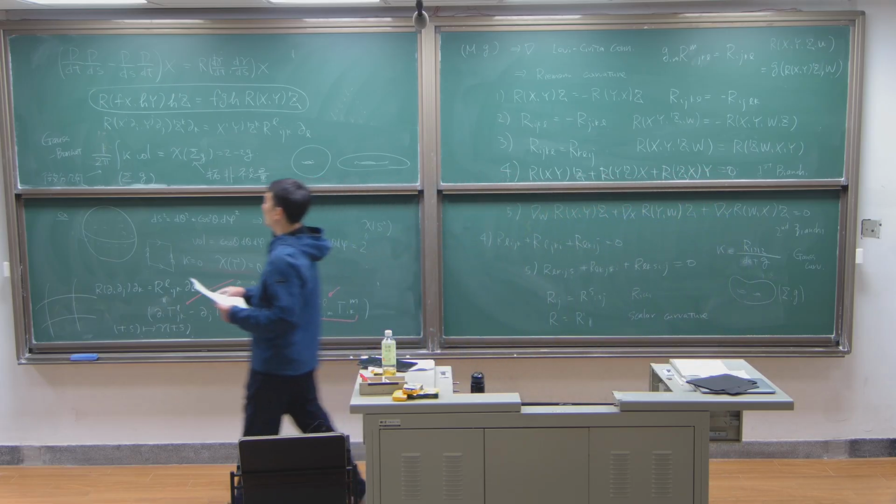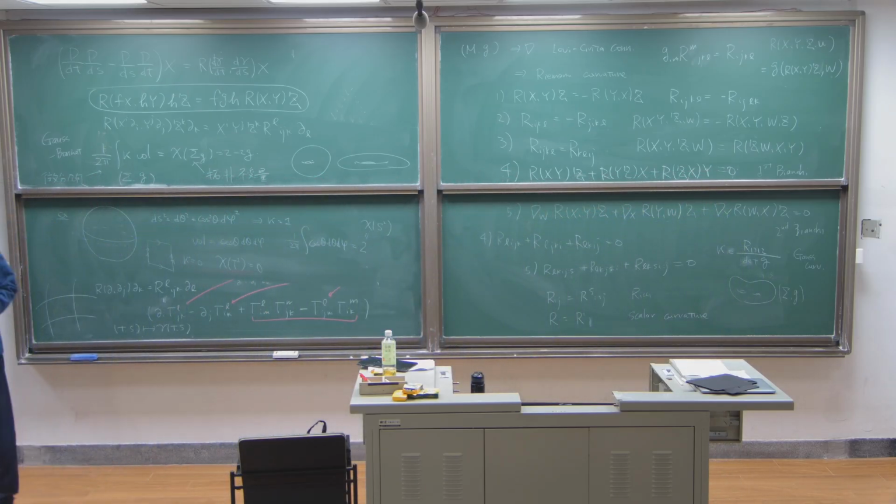Quick 记的 in general, the Euler characteristic of a surface is 2 minus 2g. Okay, any question at this moment?